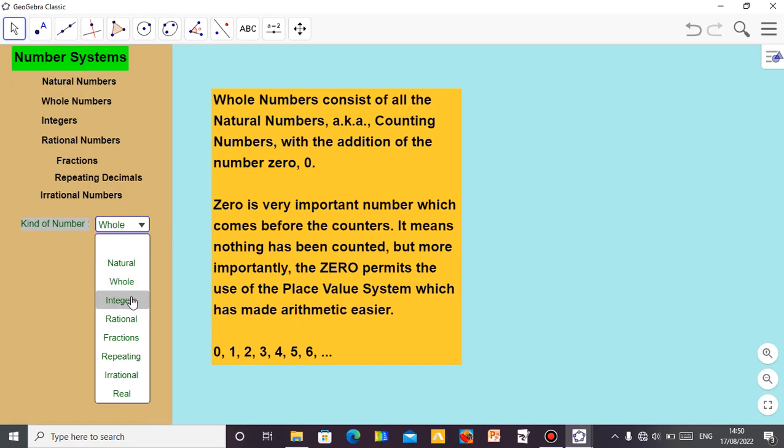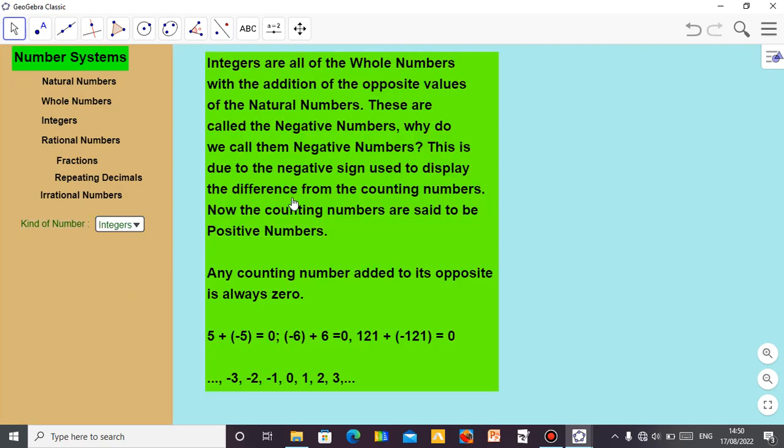Then the next one is integers. What are integers? Integers are all of the whole numbers with the addition of the opposite value of the natural numbers. Natural numbers are the normal counting numbers 1, 2, 3, 4, 5, just like that. Then we say the whole numbers are also natural numbers but with the addition of 0. But integers are also natural numbers, but this time around you must include the negative numbers.